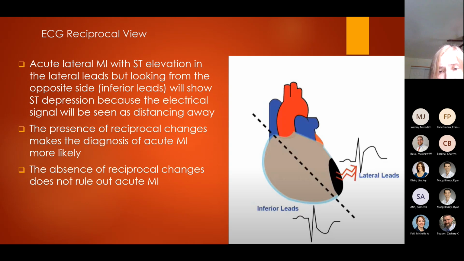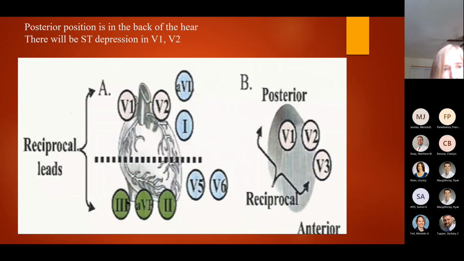So you should see in inferior leads, the leads looking at inferior wall, 2, 3, AVF, you should see this negativity here. But I just want to make sure you understand the absence of reciprocal changes does not rule out acute MI. But the presence of reciprocal changes makes the diagnosis of acute MI more likely.